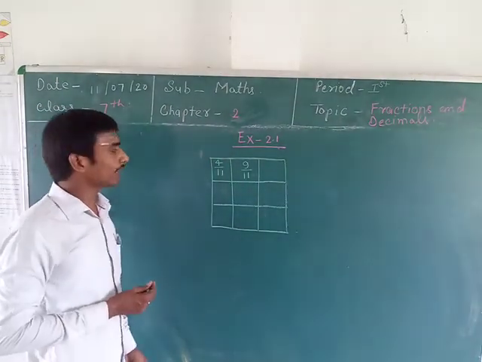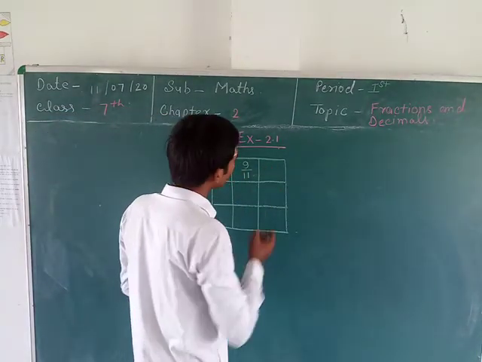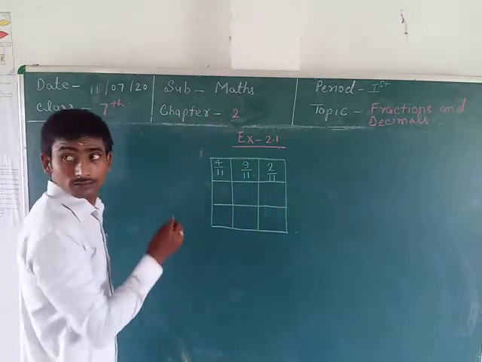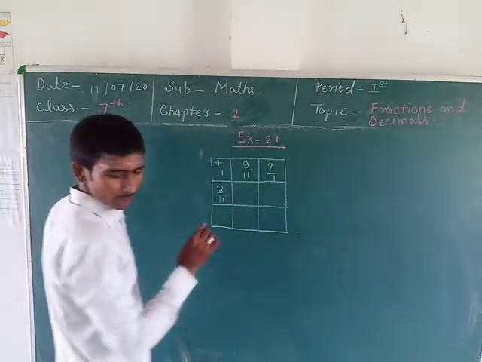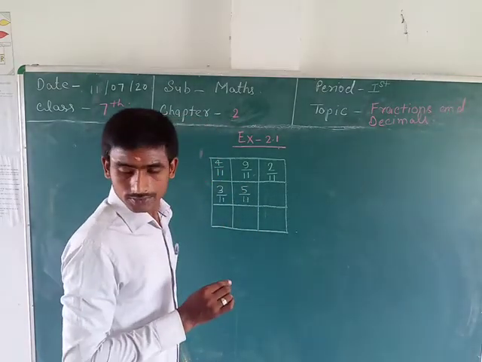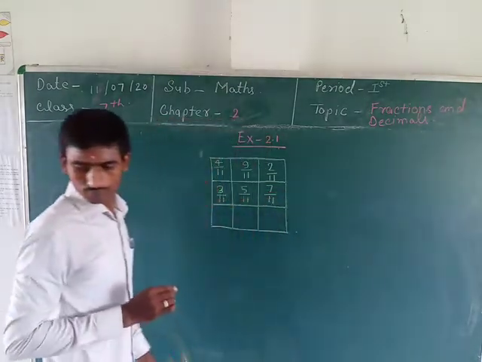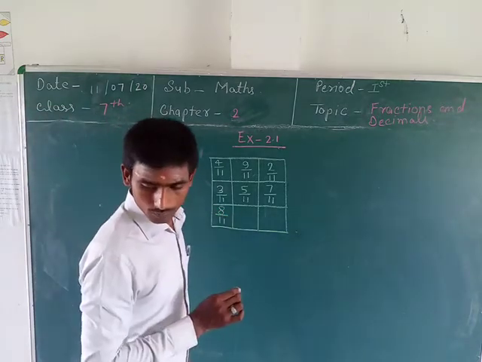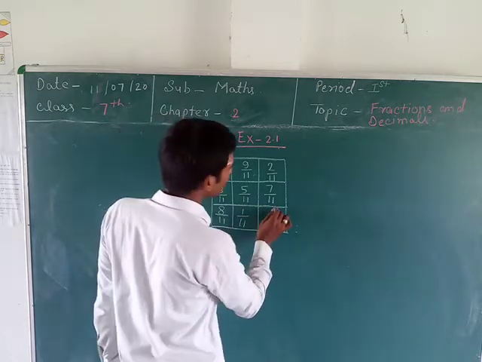Four upon 11, 9 upon 11, and 2 upon 11. Next, 3 upon 11, 5 upon 11, and 7 upon 11, 8 upon 11, 1 upon 11 and 6 upon 11.